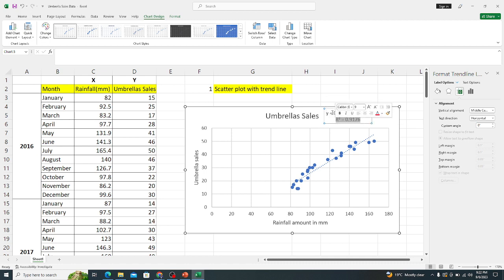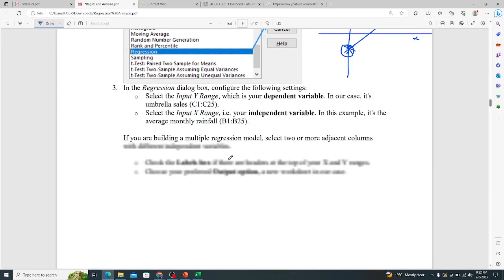If now we were to write this in the model format, we'll have something like this.